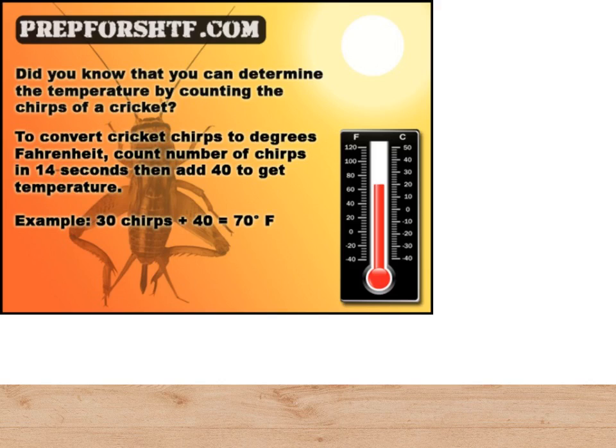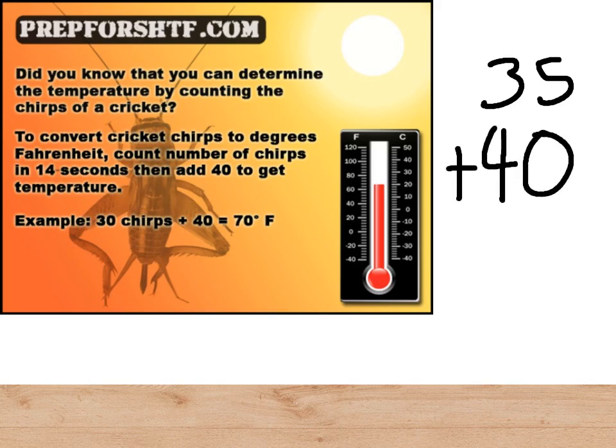So let's say you counted how many times the cricket chirped, and we'll say it chirped 35 times in 14 seconds. Then you add 40 to it. And when I add that, it would be 75 degrees.